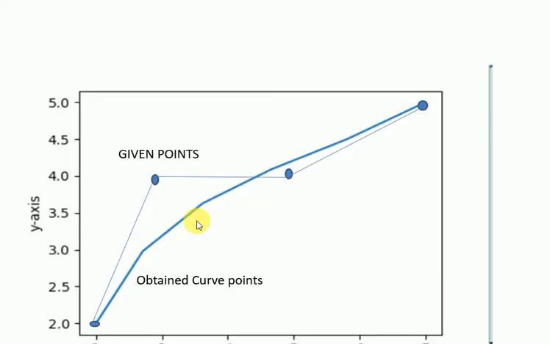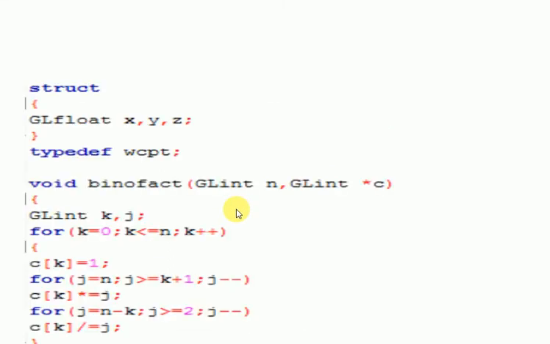Now plotting this, on the x-axis and y-axis, here are the points P0, P1, P2 and P3, and this is the curve that we are getting. This is the Bezier curve for this given input.